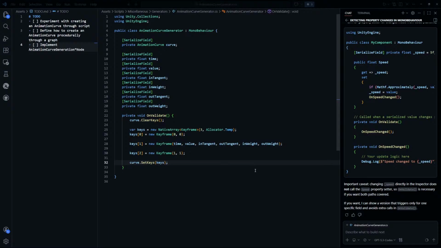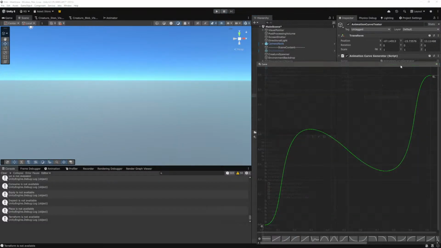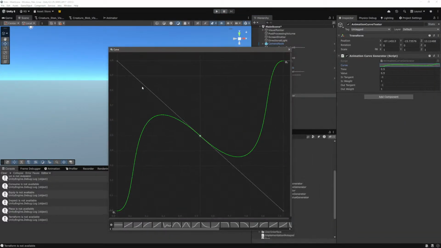But I'm wondering about the weight on these, because let's say that we want it to go straight up.